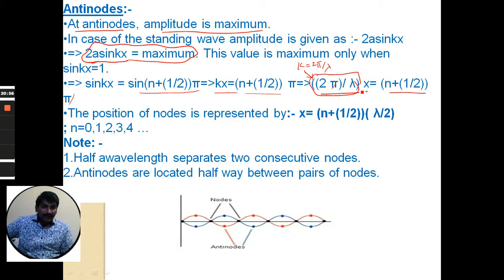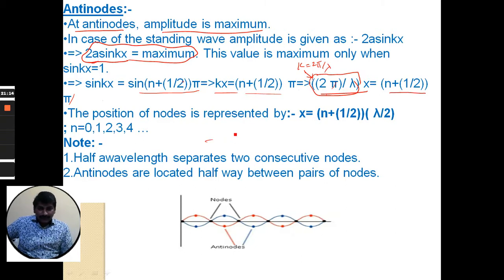x equal to n plus 1/2. Whatever lambda is there, if you send that to the other side, it becomes lambda by 2, because 2 is also there, no? So the 2 becomes lambda by 2. If you want, I'll show it here.